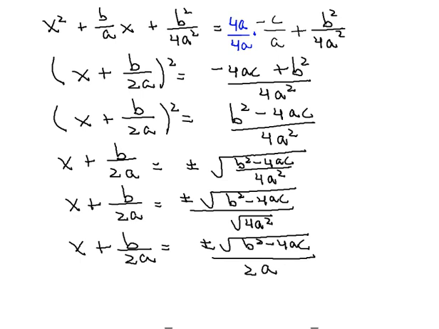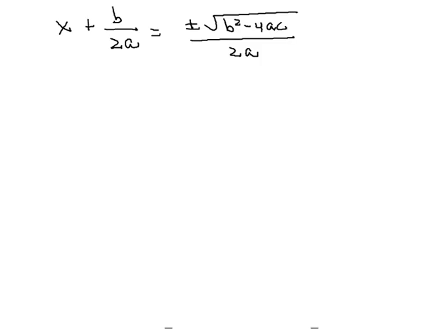So we'll next then, to end up, subtract the b over 2a that you see on the left-hand side there from both sides to isolate the x. So now if we add negative b over 2a to both sides, we'll isolate the x term. So we'll have the x is equal to, I'm going to put the negative b over 2a in front here of the radical on the right-hand side.